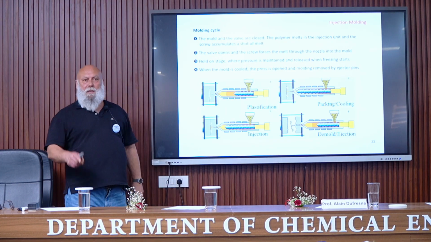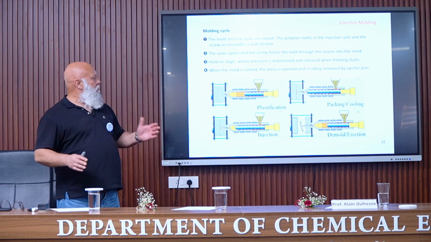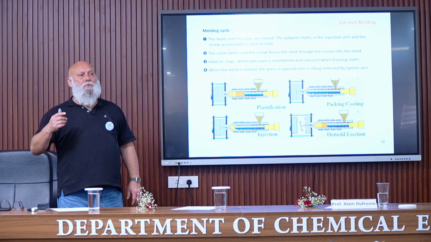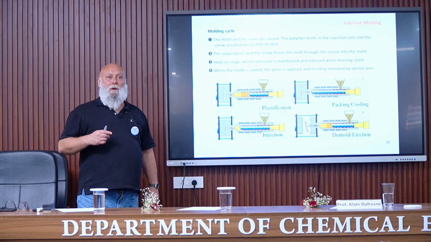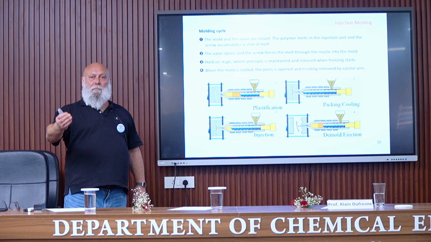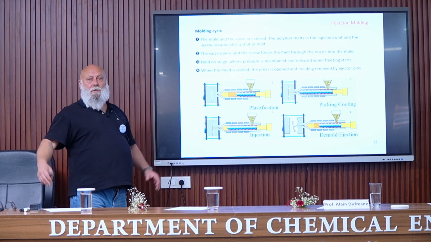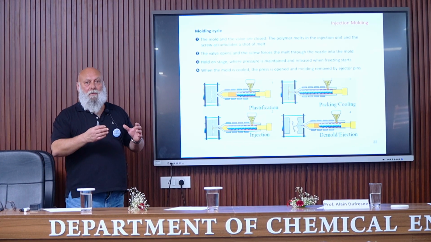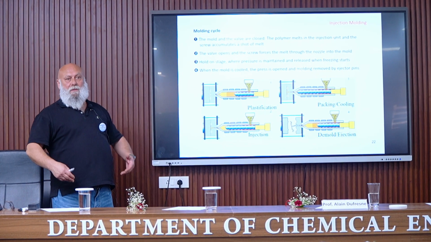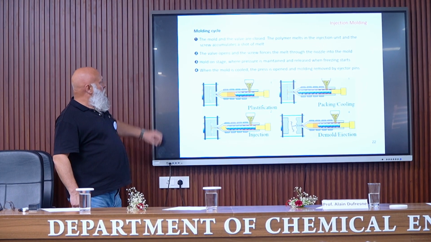I don't have time for this, but it's just to limit the shrinkage of the polymer, because the specific volume of a polymer depends on the temperature, and when cooling a polymer, the specific volume decreases, meaning that we can have a difference in volume. When the mold is cooled, the press is opened and the molding removed by ejector pins.